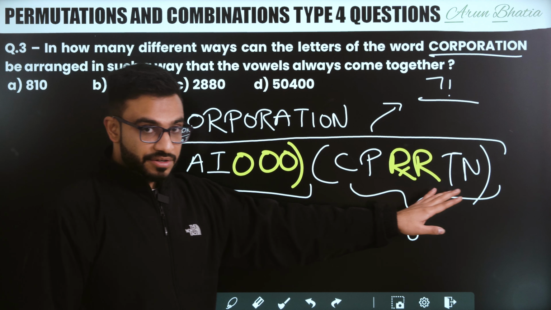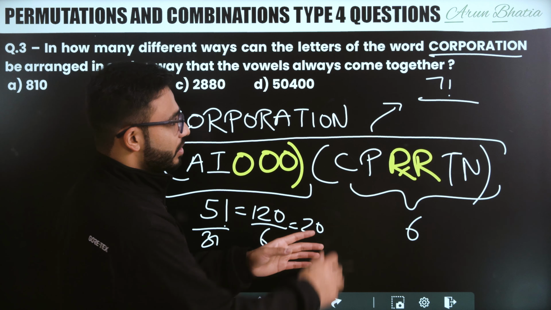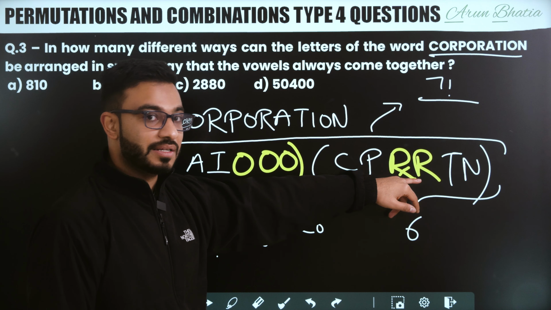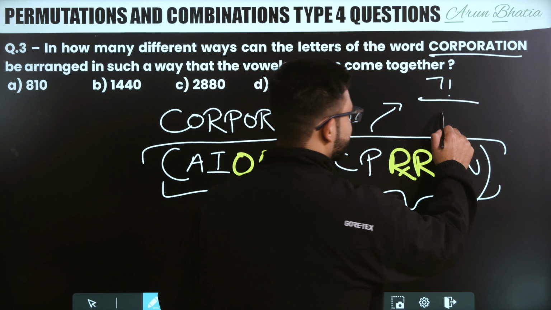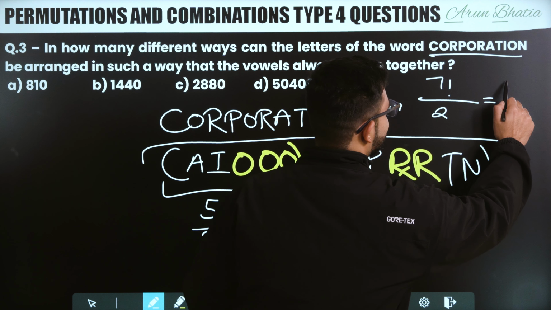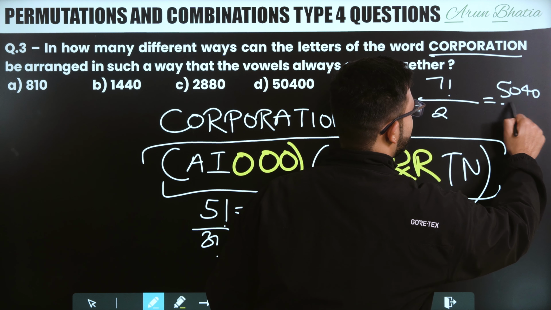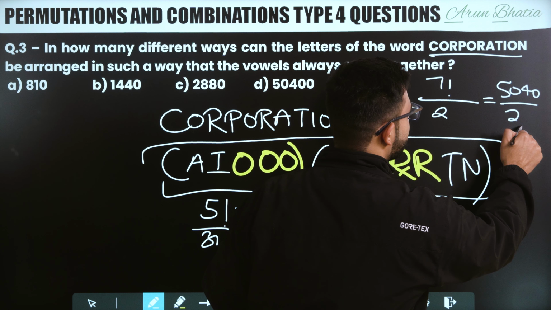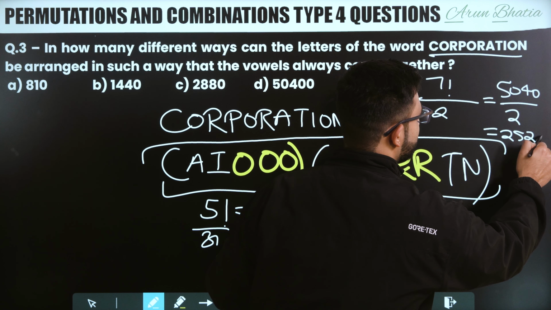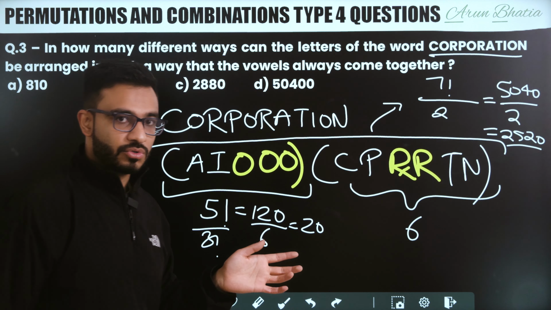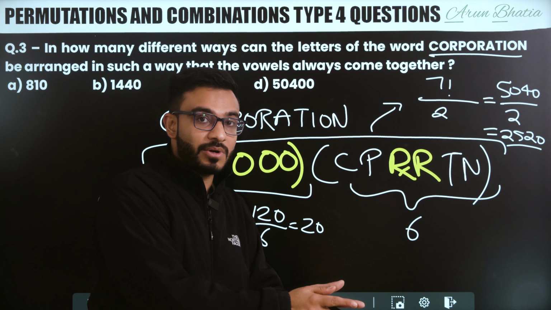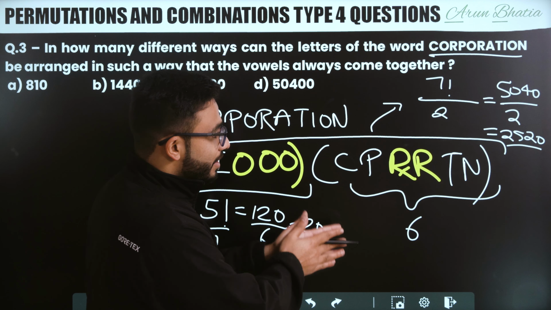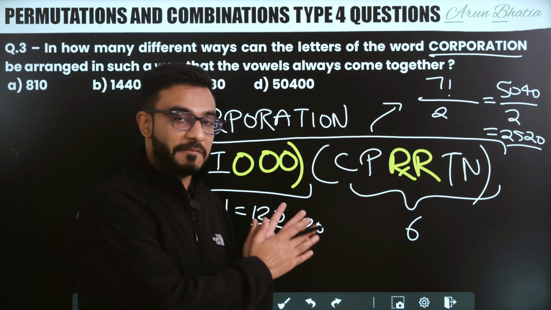And since R is repeated 2 times, we can divide this whole thing by 2. So this calculation becomes 5040, which is 7 factorial, divided by 2. This becomes 2520. So 2520 is the total number of arrangements that you get when you consider the vowel block as a whole.